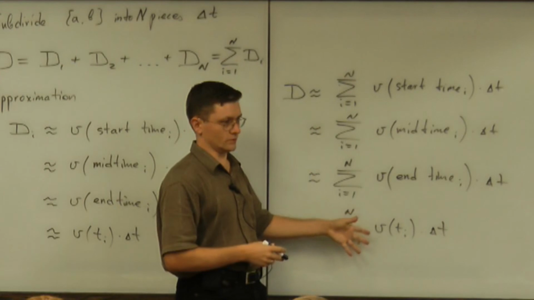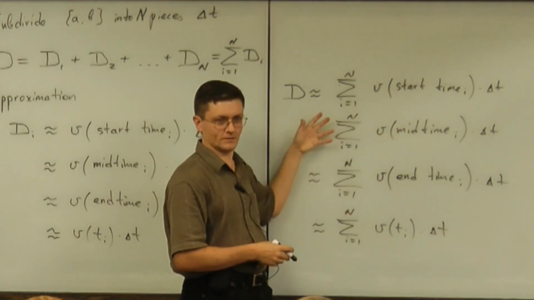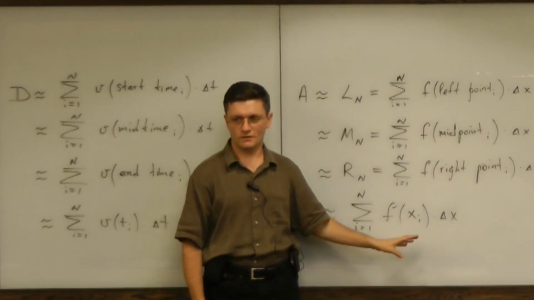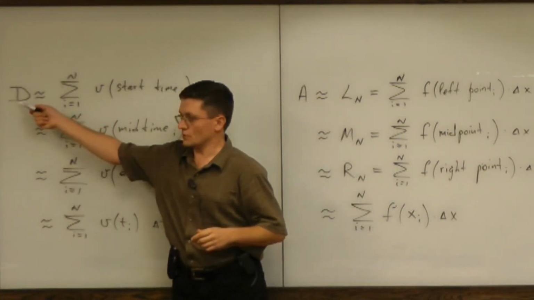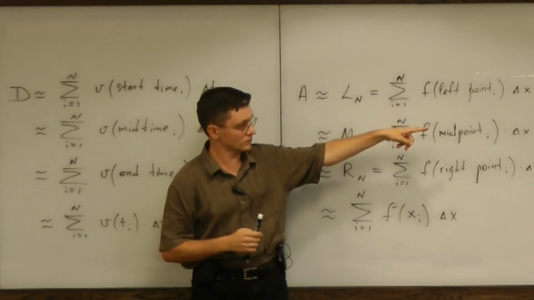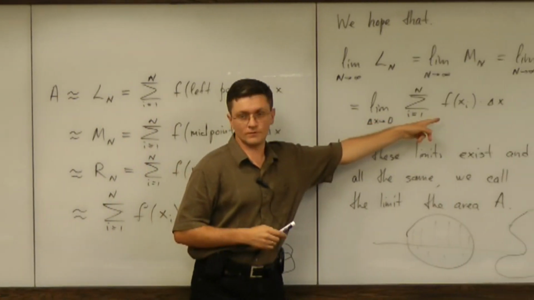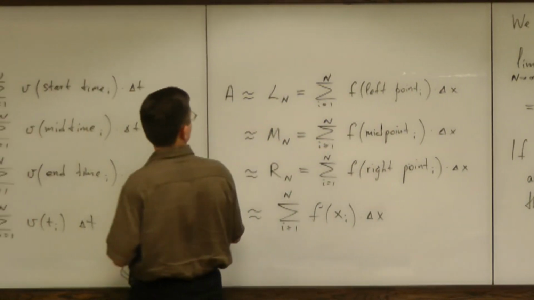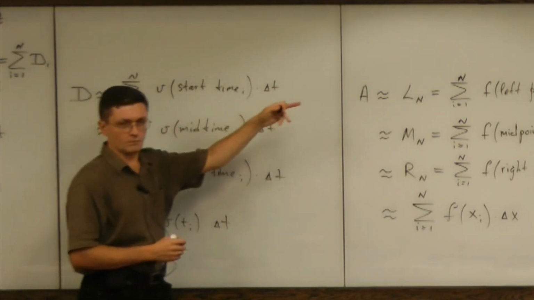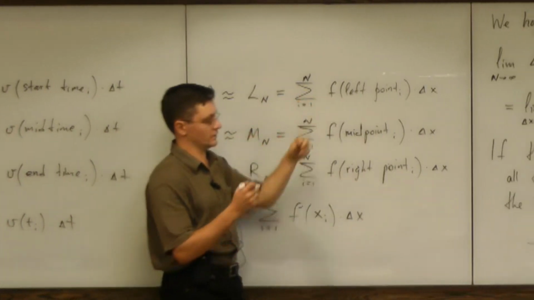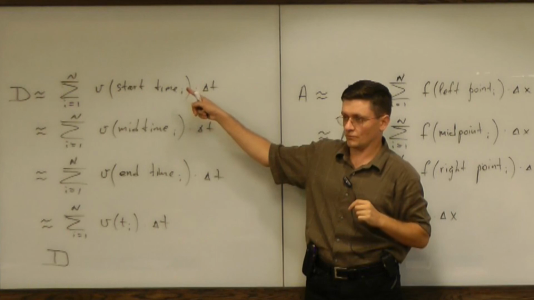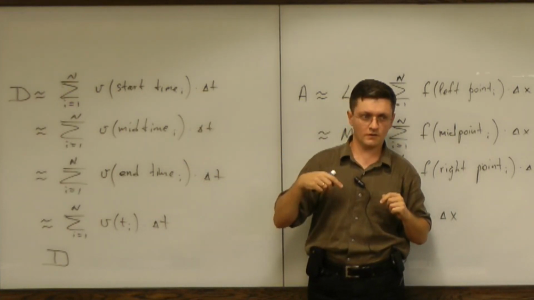And at this point I'm so tired of writing that I begin noticing something, right? I begin noticing that what I write here is very similar to what I wrote there. And the answer to my problem, this distance, is going to be equal to the same kind of limit. So for the distance problem, we can express exactly the same hope. We can hope that the limit of each of those sums exists.